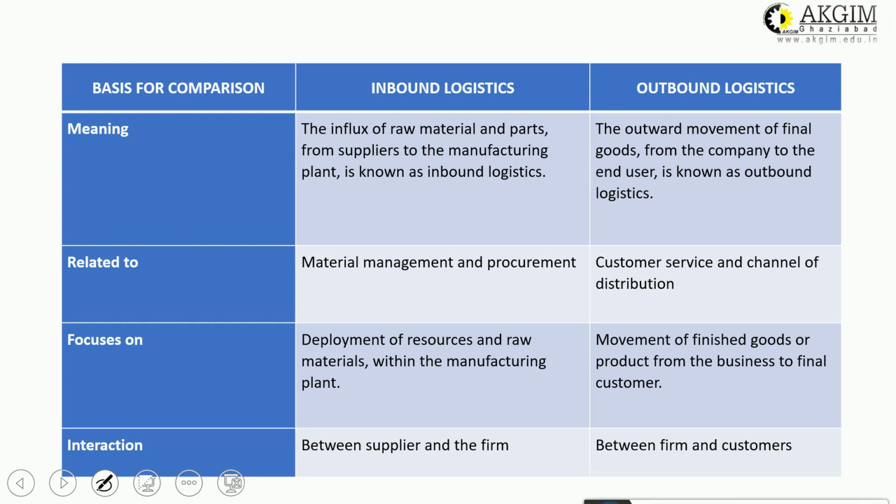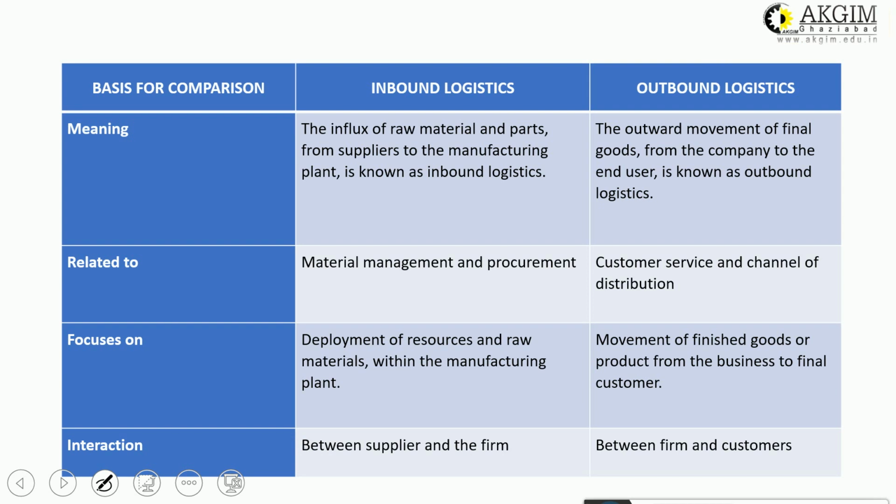If I talk about the definition, inbound is the influx of raw material and parts from suppliers to the manufacturer. In very simple words, inbound means inward, whereas outbound means outward. So outward movement of final goods from the company to the end user is known as outbound. Inbound is related to material management and procurement, whereas outbound logistics is more related to customer service and the channel of distribution.